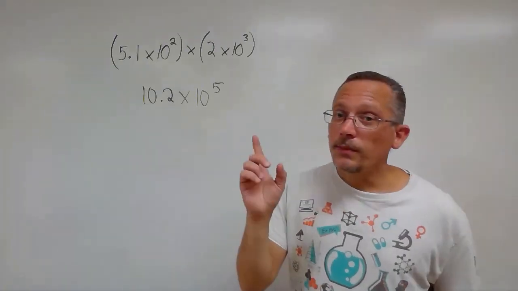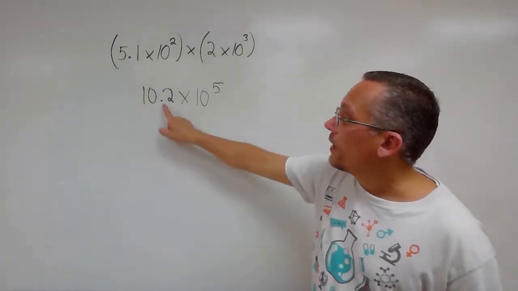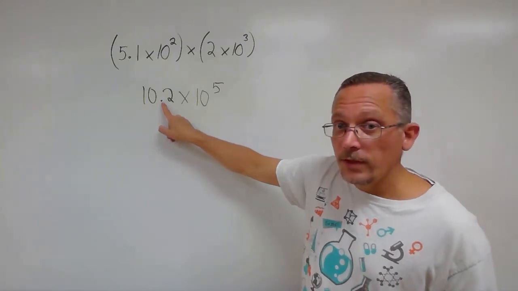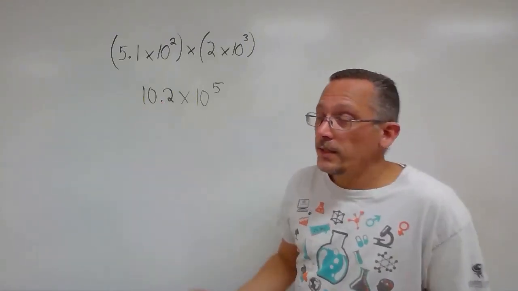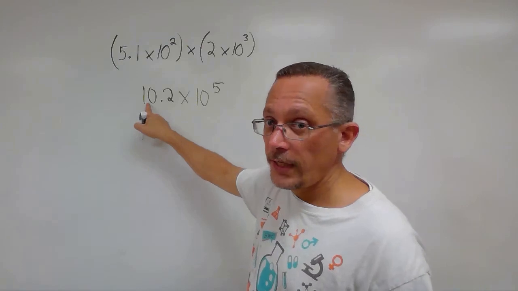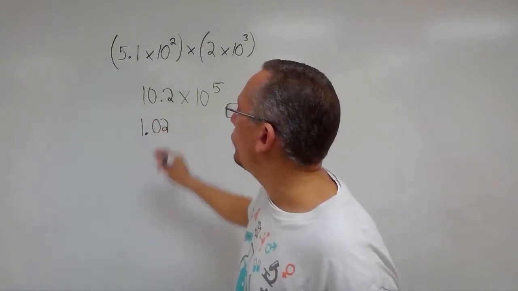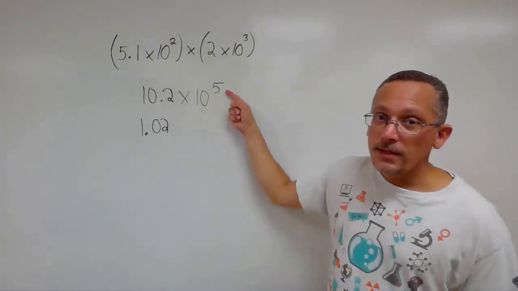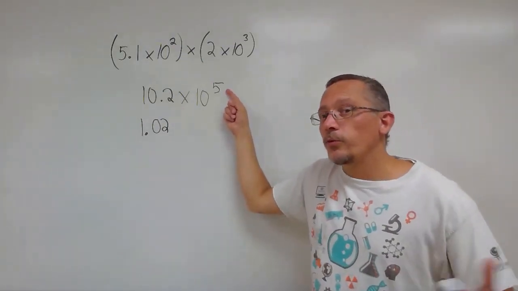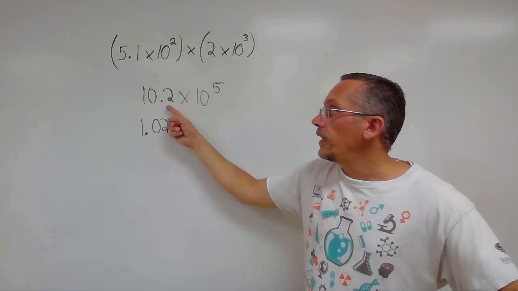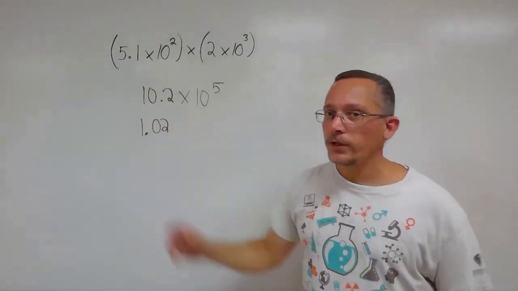So what I'm gonna do is I'm gonna adjust the decimal point, okay? I'm going to take that decimal point and I'm going to move it so that this number is between 1 and 10. I'll move it right here. So this will be 1.02. Okay. Now this says that the decimal point's already been moved left 5 times, and I just moved it left 1 more time.